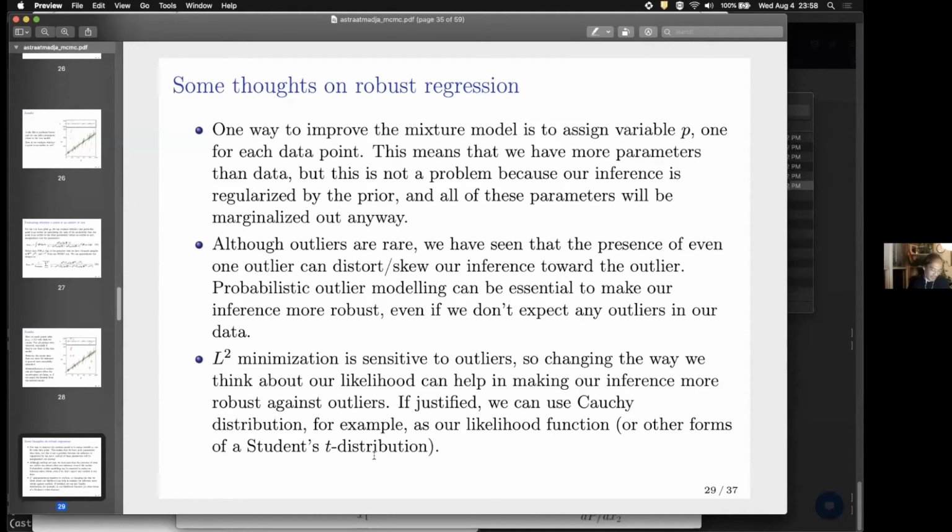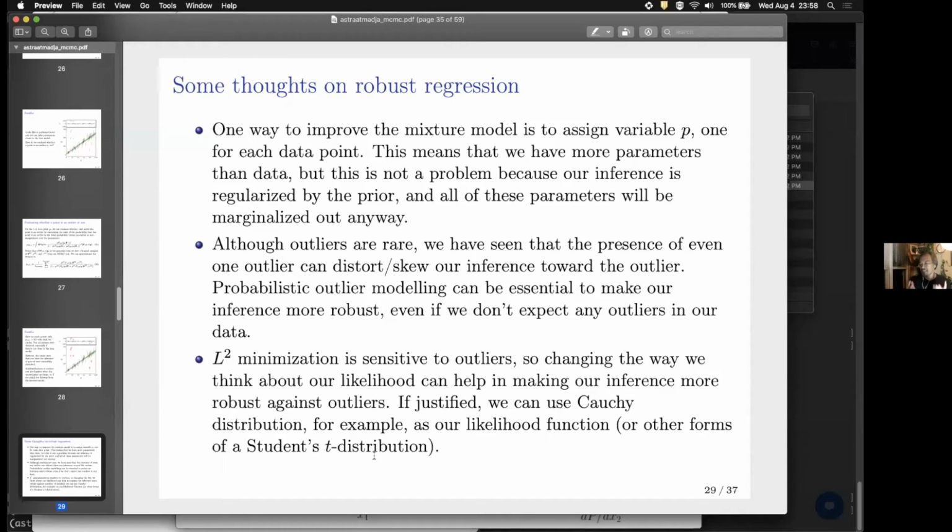A t-distribution is like a Gaussian. It's a distribution with a mean, with a center, and then it has various degrees of tail. How heavy is the tail is determined by another parameter called the degrees of freedom.